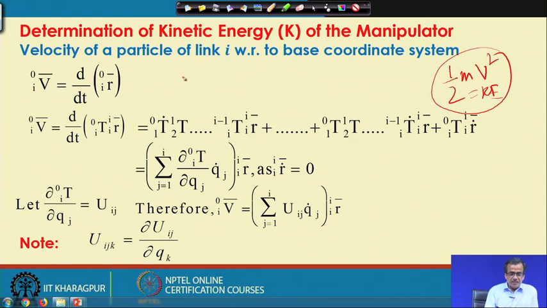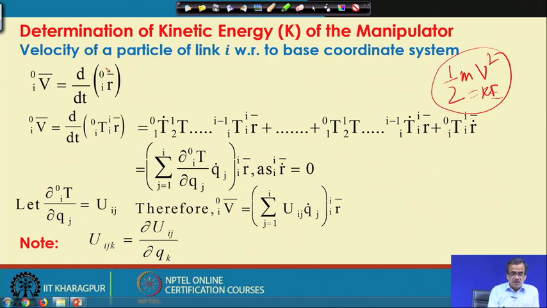Now, to determine the kinetic energy of the particle, we will have to find the velocity of the particle. The velocity of the particle, v_i with respect to 0, with respect to the base coordinate frame, is nothing but the rate of change of the position, that is, d/dt of r_i with respect to 0.